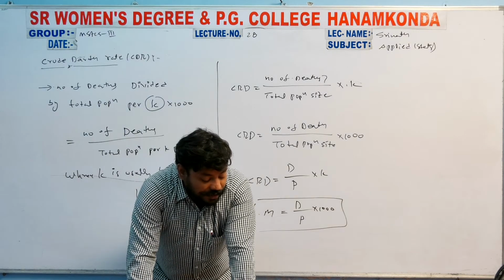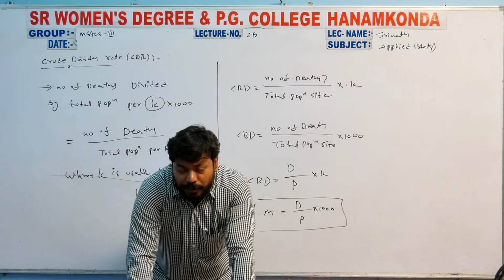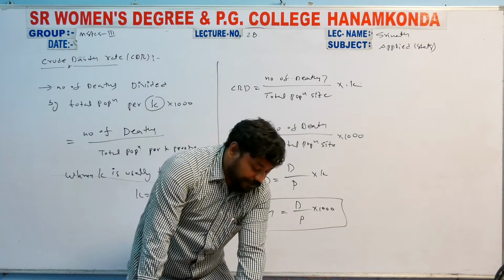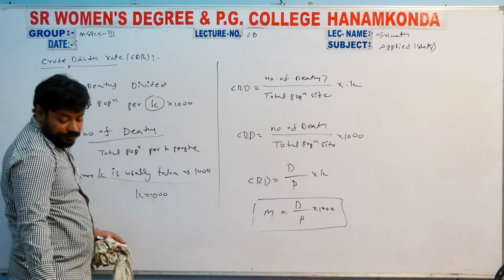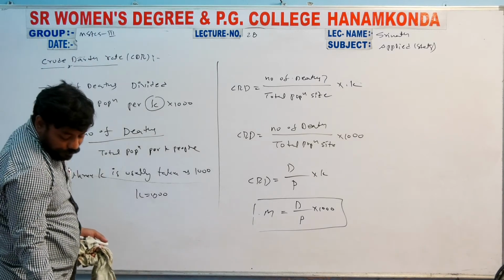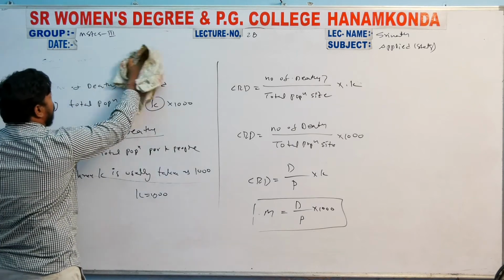Male population is smaller than female population in the 1971 census. This is all about crude death rate.